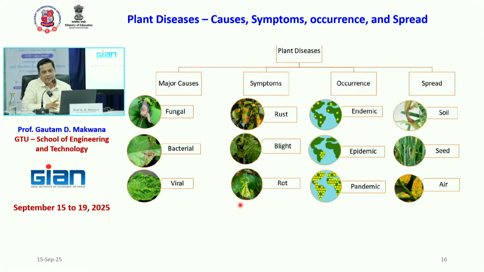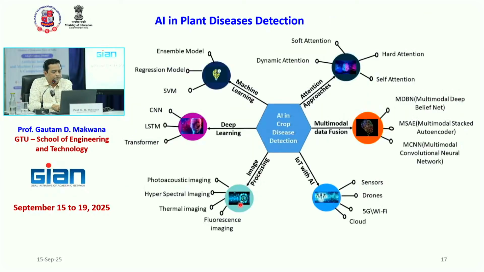If you identify this, and then apply various machine learning and AI algorithms, then we can decrease the disease in the plant. So there are different machine learning ways to detect the disease: deep learning, image processing, IoT with AI, multimodal data fusion, where not only images but different kinds of data types come into the picture to find out the disease of the plant.